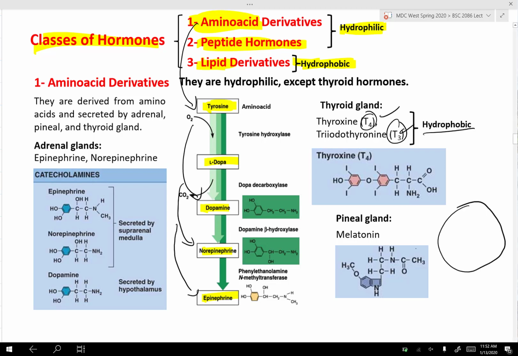Here's why. We have a cell. Imagine this is a cell. Does the inside of the cell have water, yes or no? Yes. What does the cell membrane look like? What is this portion called? The cell membrane.